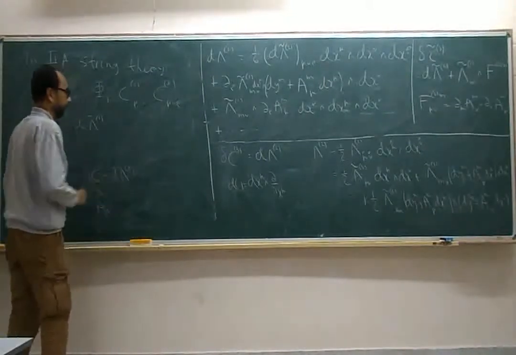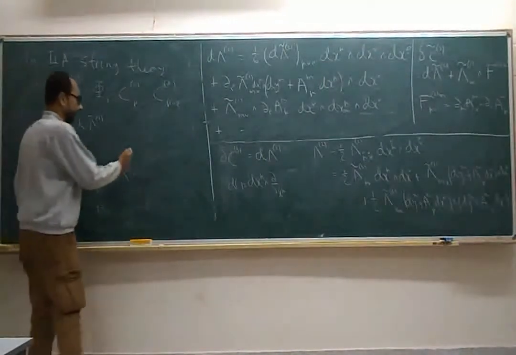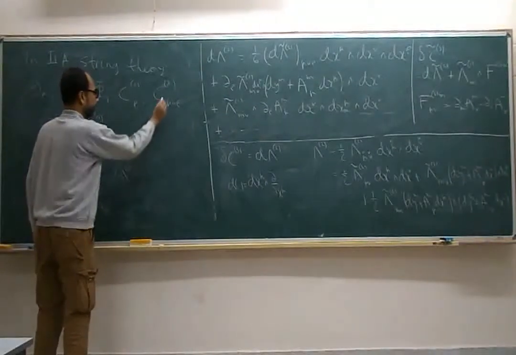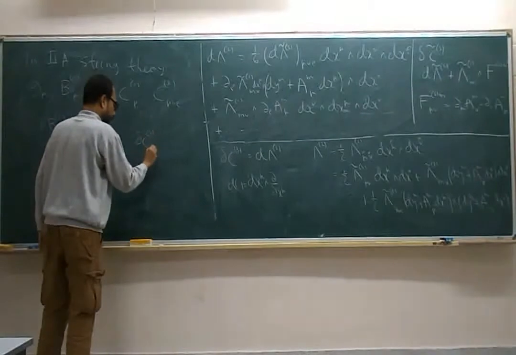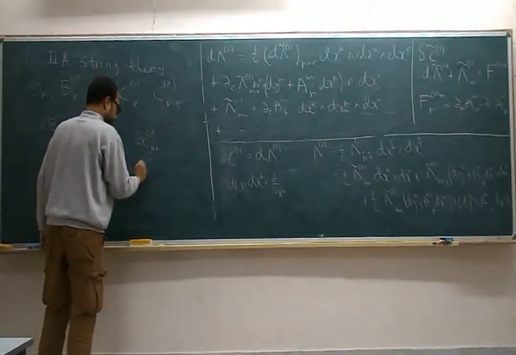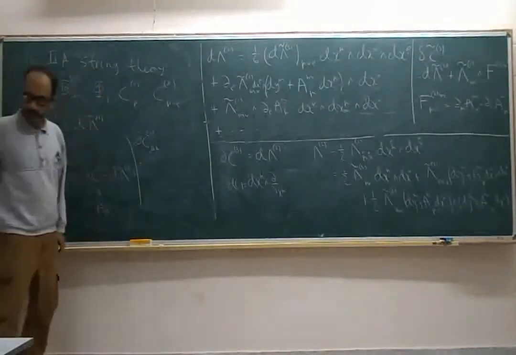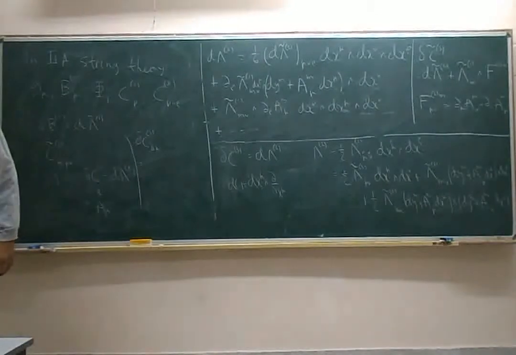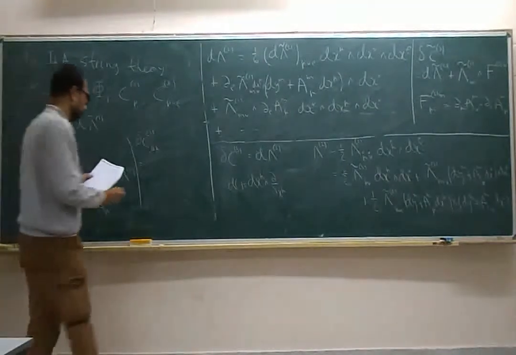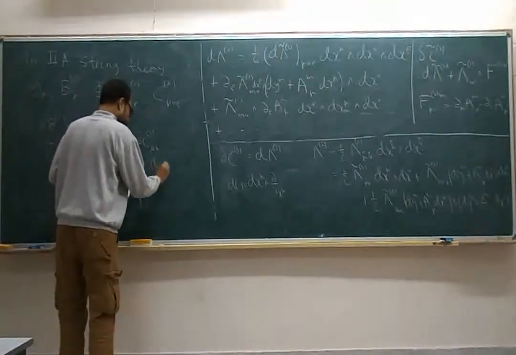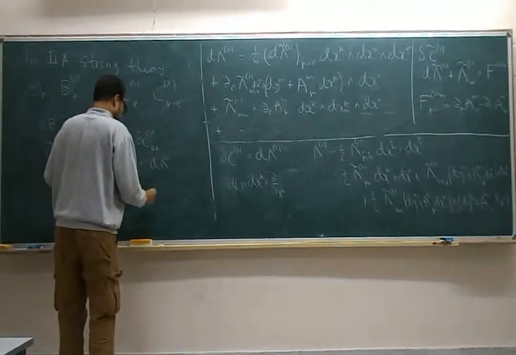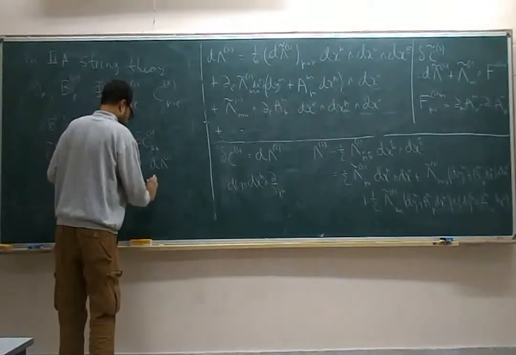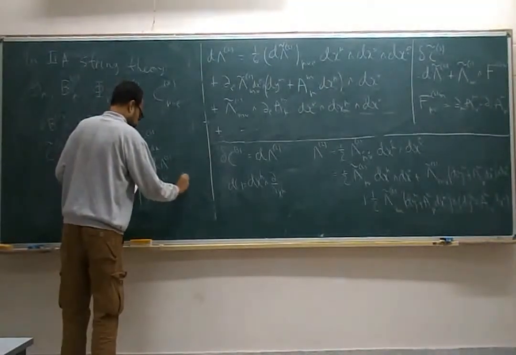And finally C3. Type 2a had a C3. So let me write this delta C3. Delta C3 in type 2a, let me remind you, had the following structure. It transformed as d lambda 2 plus lambda 0 H3.